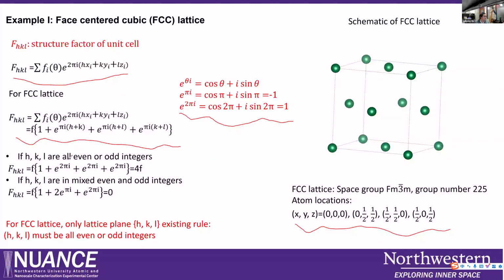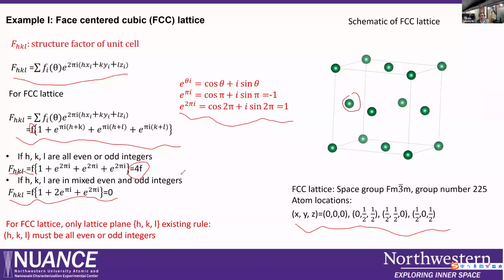If HKL are all even or all odd numbers, then this structure factor F_HKL is 4f, where f is the scattering factor of each atom. For this FCC, we suppose all of them are the same. But if HKL are mixed, some even and some odd, then the structure factor will be 0.